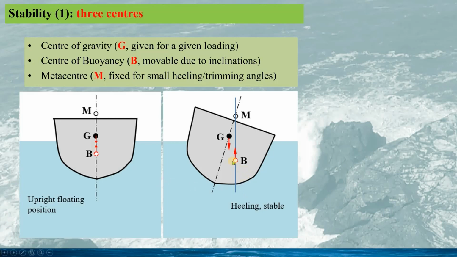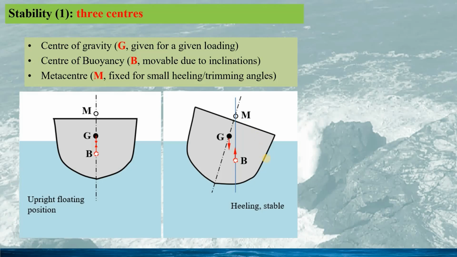See here. It can be seen the crossing point of the vertical line through the buoyancy center, the blue line, and the structure central line, the dash dot line, is the Metacentre M.